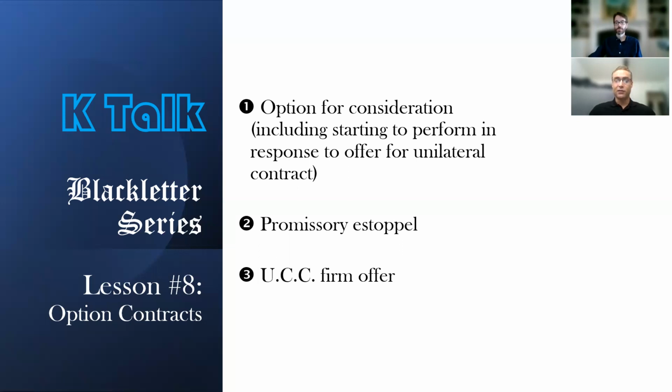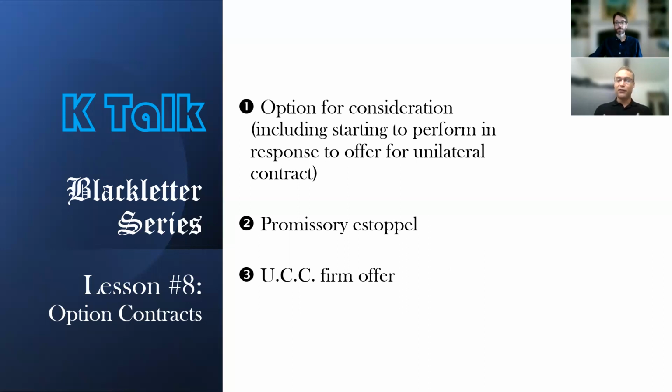And I just want to throw in that there's a very confusing point for my students. They tend to not understand the difference and the interrelation between the option contract and the UCC firm offer. Big picture, step back, the common law is everywhere where a statute isn't. The firm offer rule under the UCC is a creature of statute.